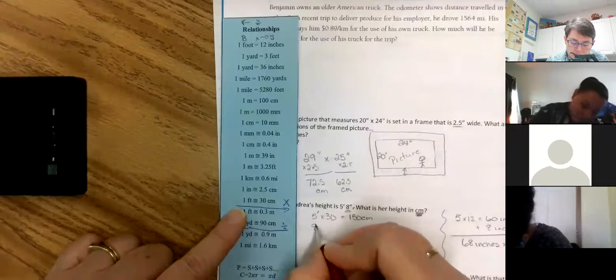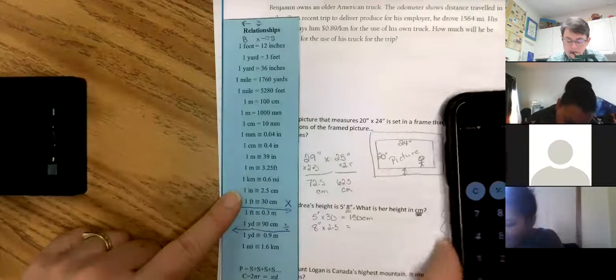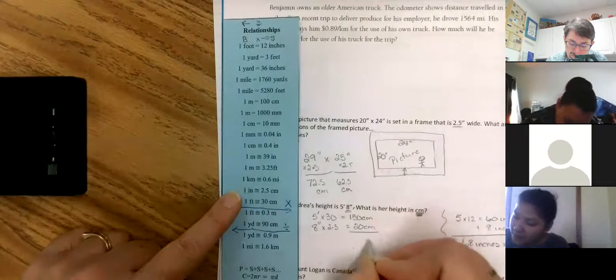And then I was going to go 8 inches. Now to go from inches to centimeters, I multiply by 2.5. 8 times 2.5. Yeah, that makes sense. Is 20 centimeters.